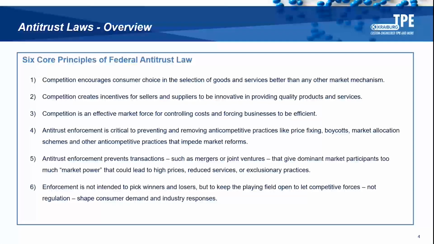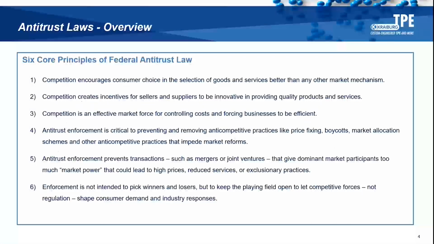Again, alluding to the comment that I made earlier about a monopolistic situation. Enforcement is not intended for the most part to pick winners and losers, but really to keep the playing field open, to let competitive forces and not necessarily regulations shape customer demand and industry responses.